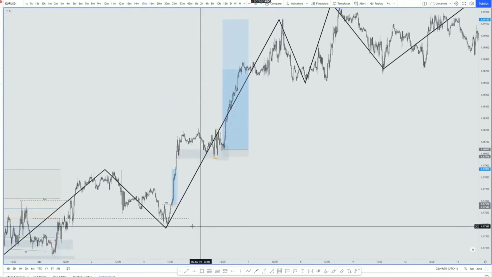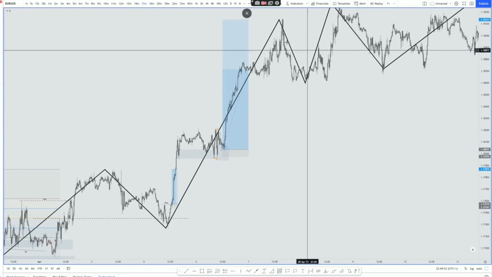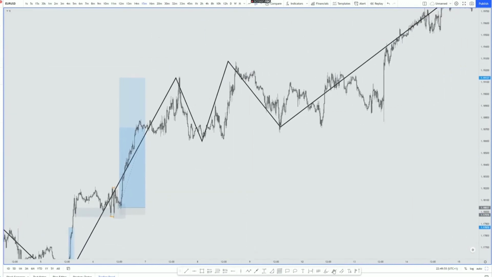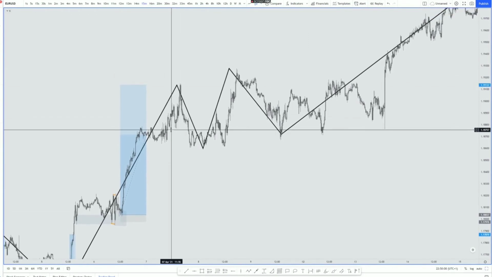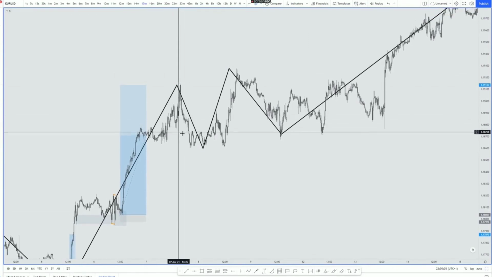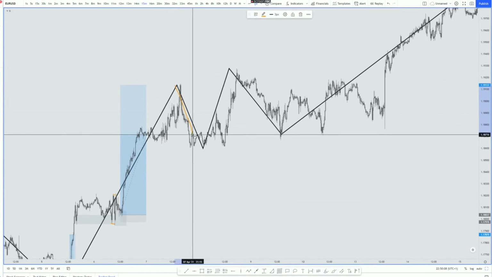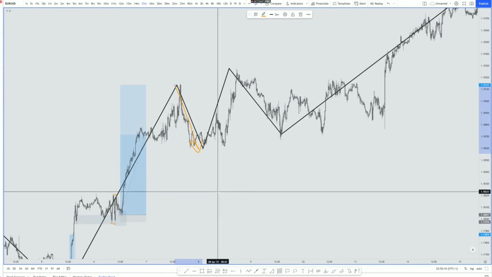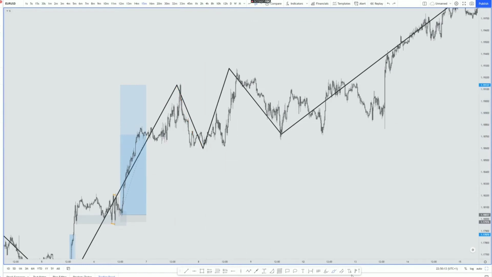But the expectation is, even though this impulse is very bullish, that there is going to be some sort of a pullback. Now this one, you may or may not have even caught this pullback as it pulled back and pretty much went the other direction pretty quick.